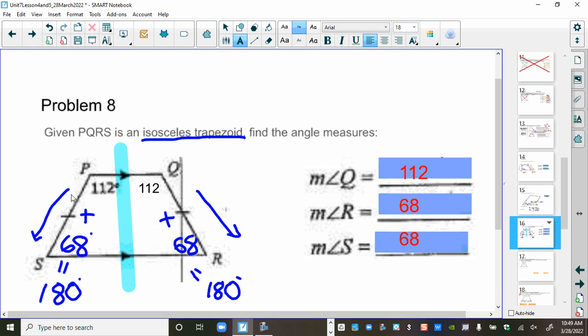Not necessarily right to left. Isosceles, what you can do, just cut it right down the middle. And then basically one side's a reflection of the other. All right, questions on this problem?